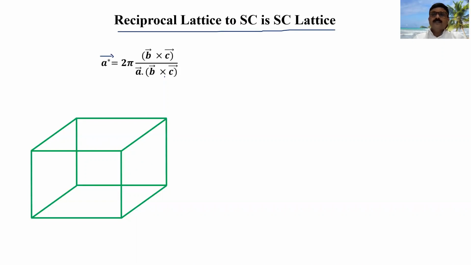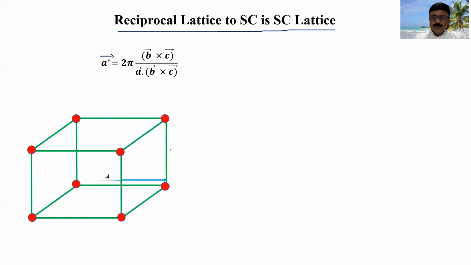We know that the unit cell of simple cubic crystal structure is nothing but a primitive unit cell, because the atoms are present only at the corners of the unit cell. So I have shown here the atoms at the corners. There are 8 corners, and I have shown the 8 corner atoms in the figure.